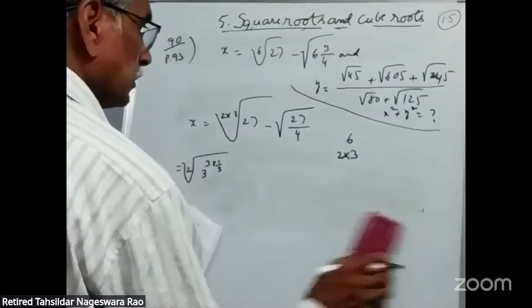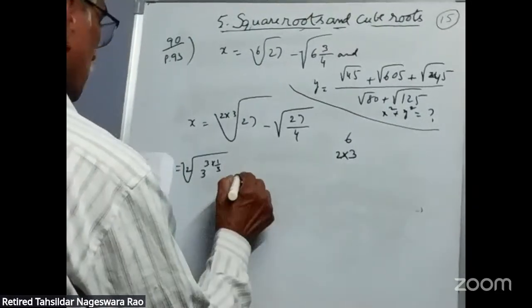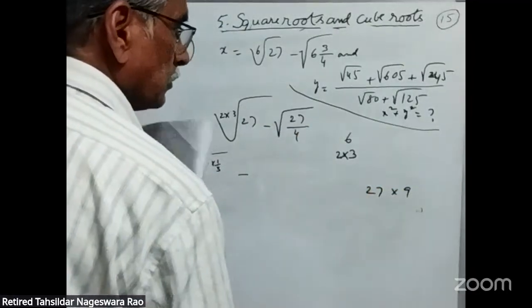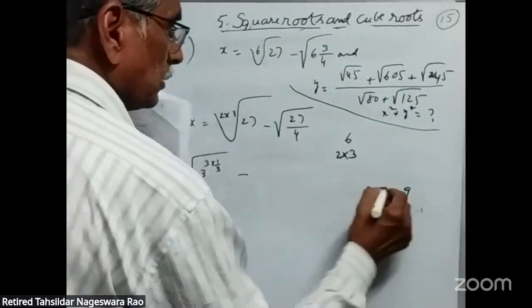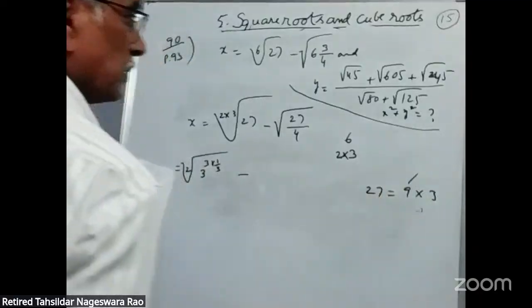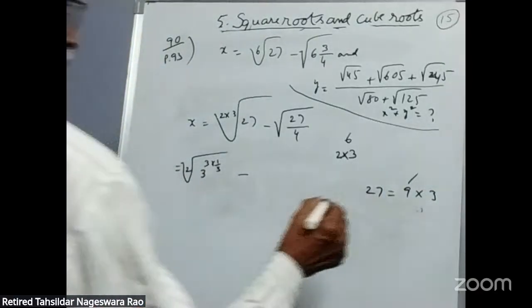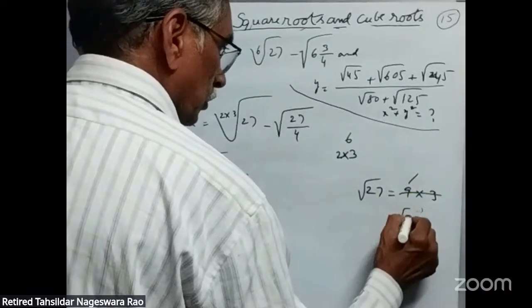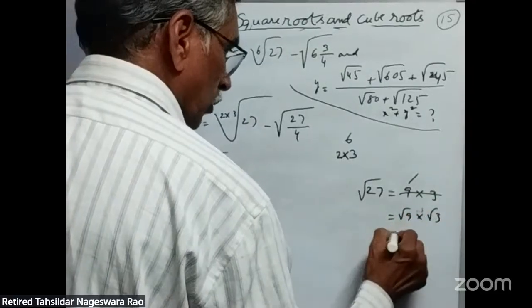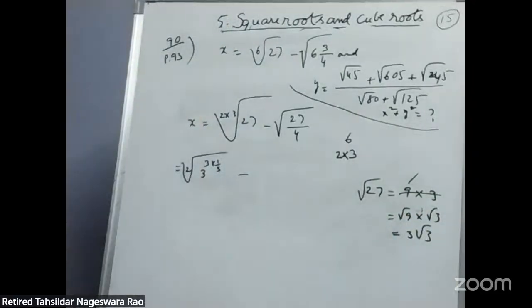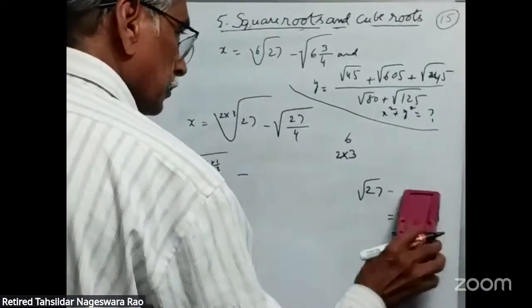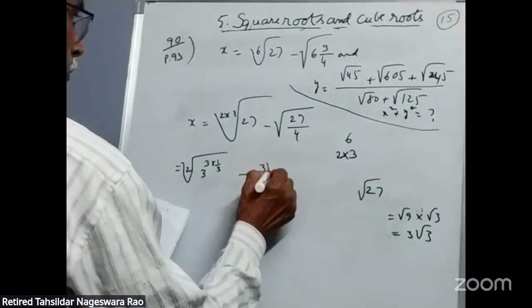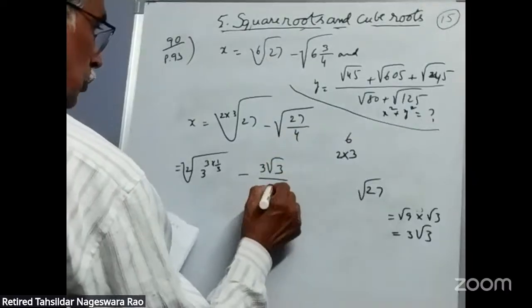Here, what about this one? Minus 27 is 9 into 3. There is a square root for 9, there is no root for 3. So if you want the root of 27, that will be root of 9 into root of 3, that will be 3√3. So 3√3 by root of 4, denominator 2.